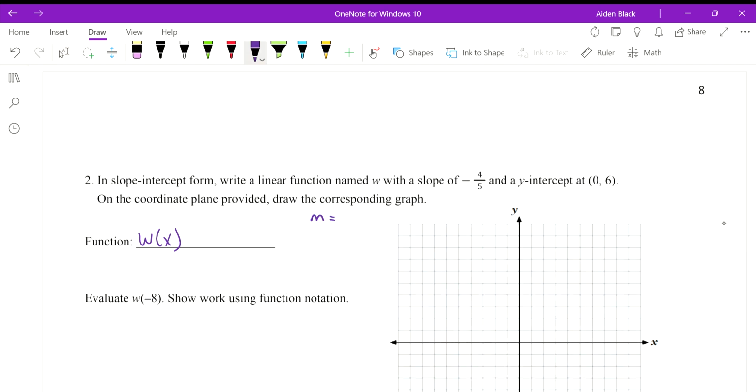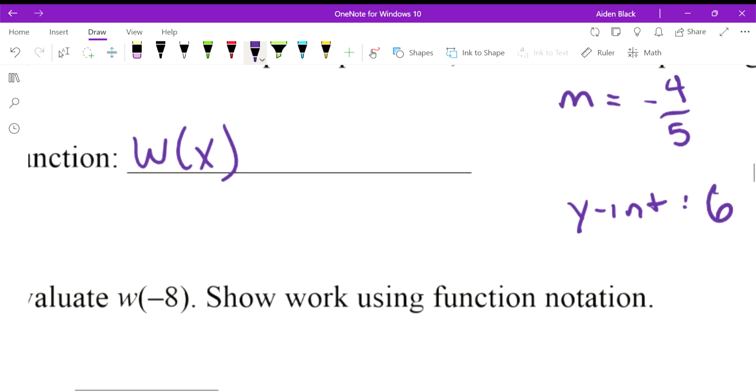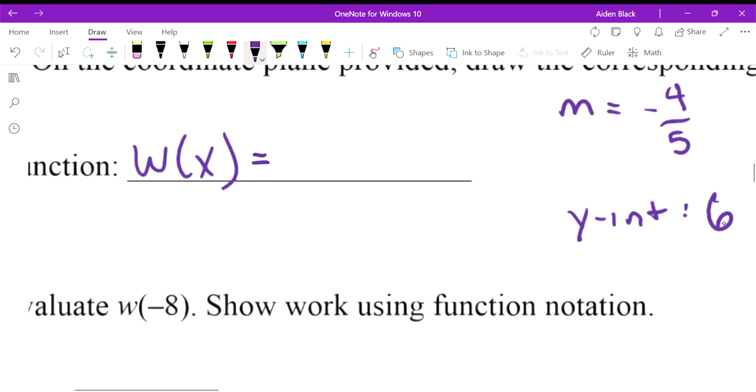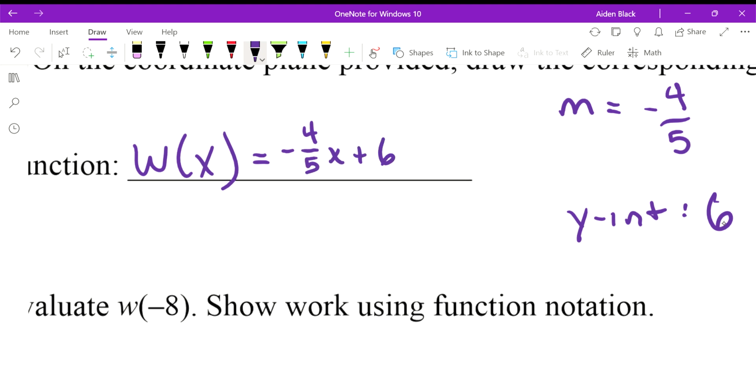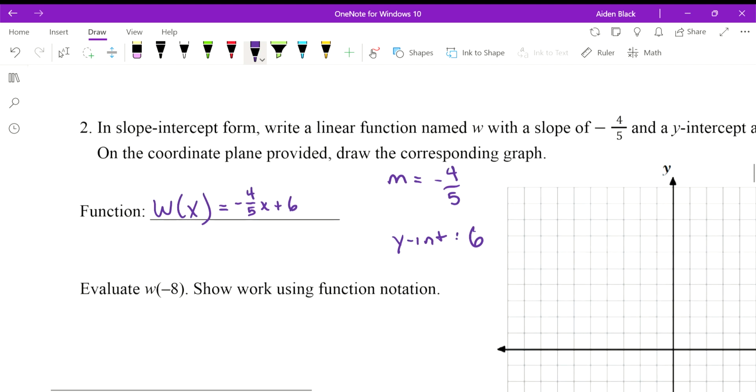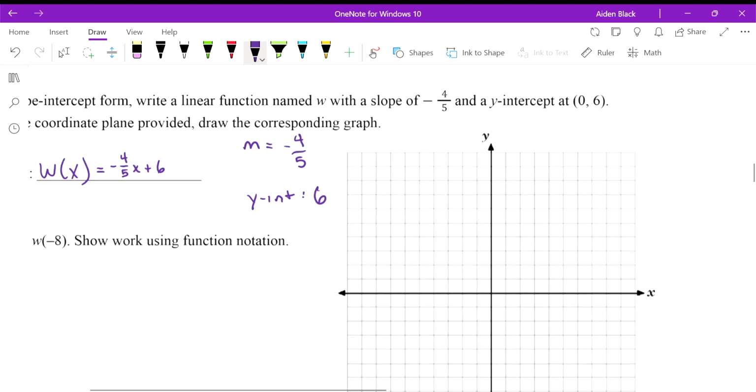M, which is our slope, is -4/5, and our y-intercept is 6. So we are writing -4 over 5 times x plus 6. Okay, we can graph that very easily.